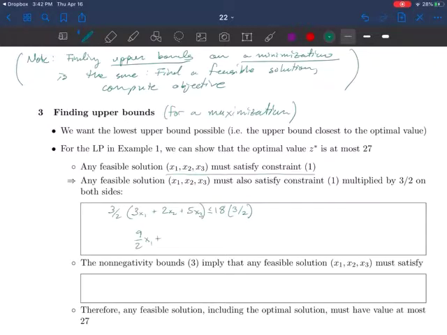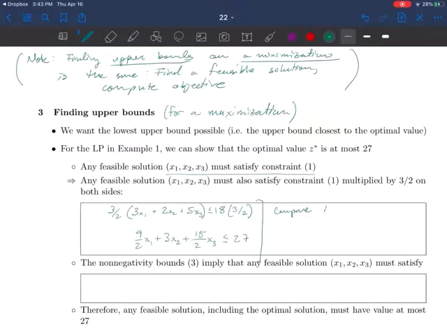And what I get back is 9 over 2 times x1 plus 3x2 plus 15 over 2 x3 is less than or equal to 27.